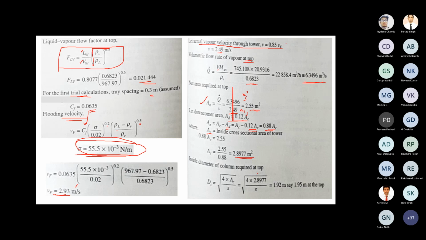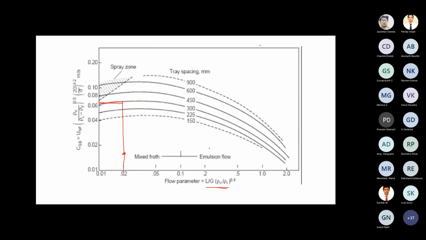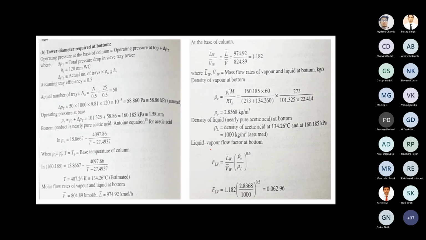So the inside diameter of the column at the top you can calculate, because this is equal to pi by 4 d square. So 4 into AC by pi, you can calculate, that is 1.92 meter. You can round to the nearest, so it's 2 meter. This is the way to calculate the column diameter.